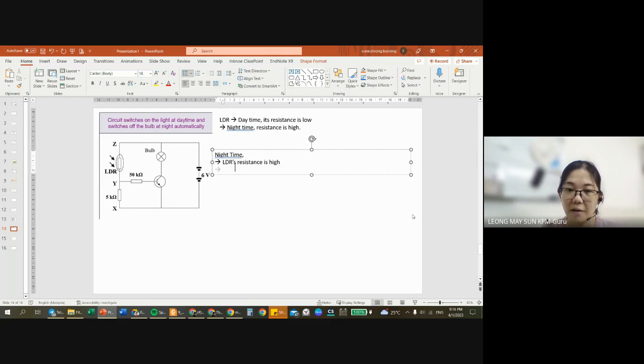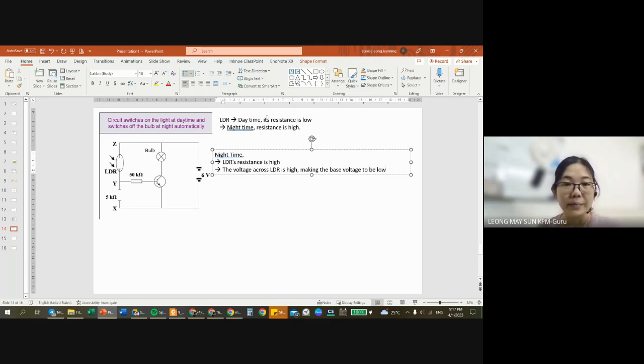So when the LDR resistance is high, look where the voltage is right now. The voltage across the LDR is high, making the base voltage low.